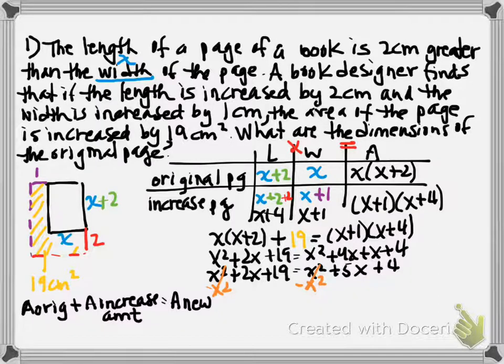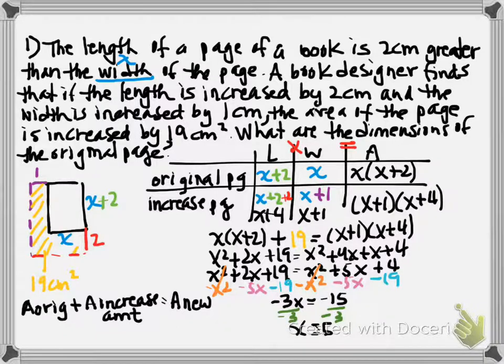So what I'm going to do is go ahead and get all the x's on the left by subtracting 5x from both sides. I'm going to get all the constants on the right by subtracting 19 from both sides. And we get negative 3x equals negative 15. And so our final step would be to divide both sides by negative 3. And we get x equals 5.